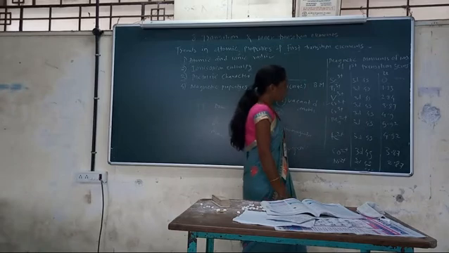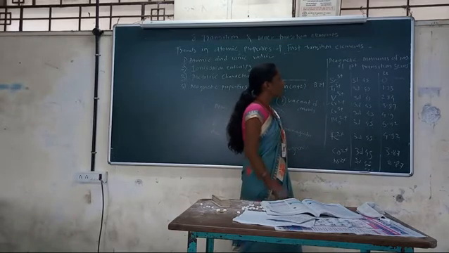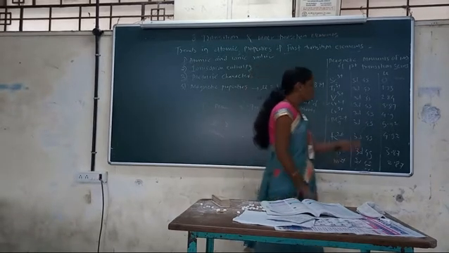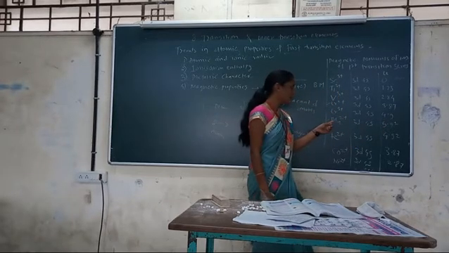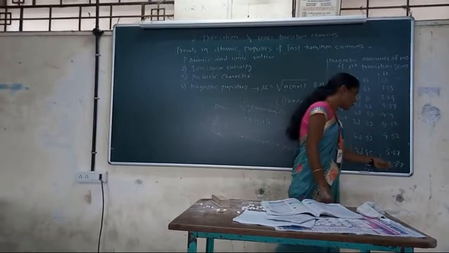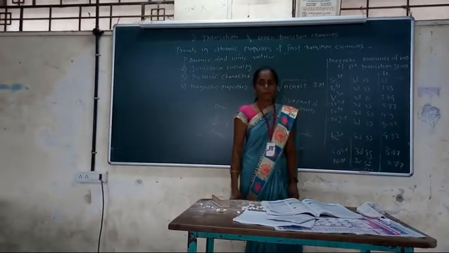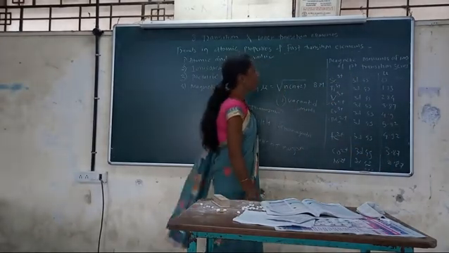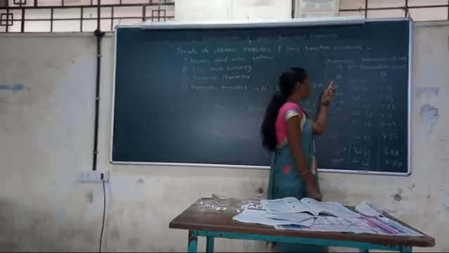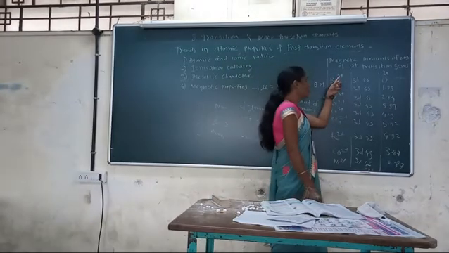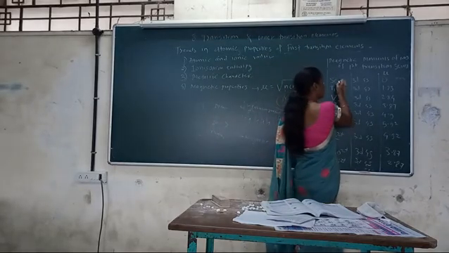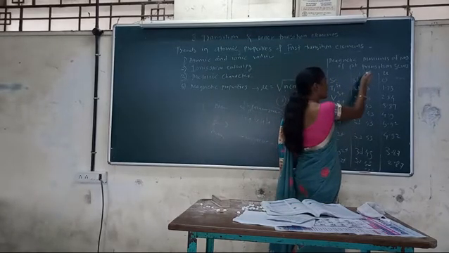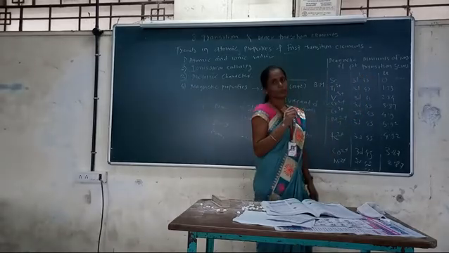scandium to zinc, increases up to the center, that is, up to manganese, and again decreases up to zinc. See scandium 3 plus: scandium has atomic number 21, configuration 3d1 4s2.